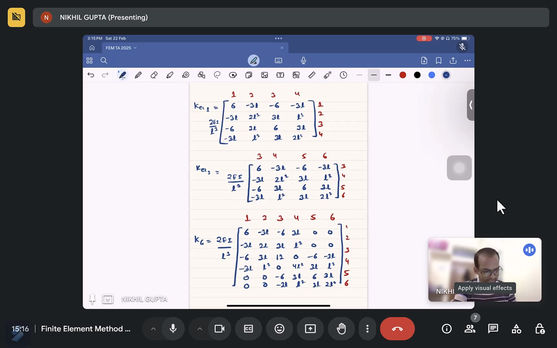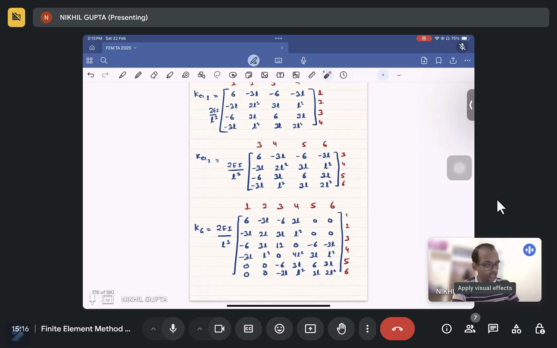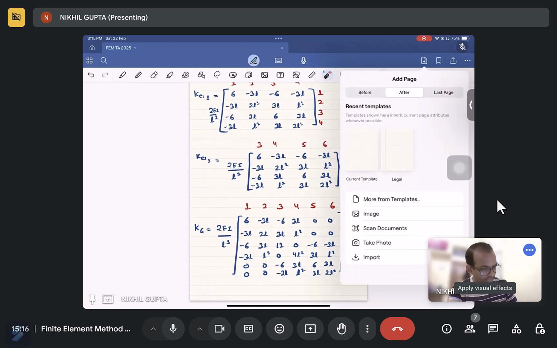It's just that I am adding the known degrees of freedom, and if they coincide, those terms are being added or subtracted, according to the sign. So I hope all this till now is clear, how to form a global stiffness matrix.